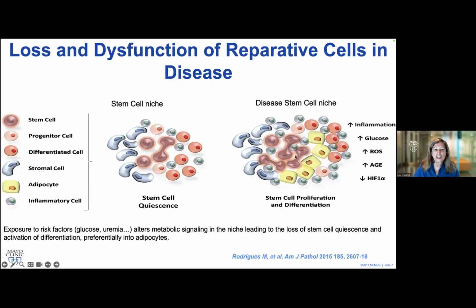This means that this pool of stem cells is exhausted and they are no longer available for recruitment upon need. There is also increased presence of inflammatory cells in this niche within obesity.